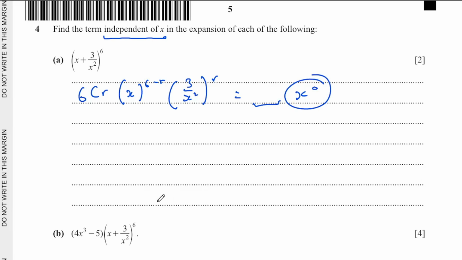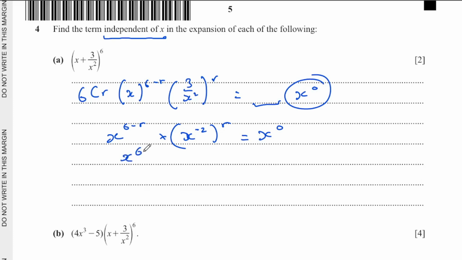That would take too long, so this is a shortcut, because you just need a specific expansion value. From this we just use the first x term, so x to the power 6 minus r. Then you are multiplying it by the second x term, so x to the power negative 2, to the power r, and if you multiply them you want to get x to the power 0. So I'm just dealing with the x powers right now in order to get r.